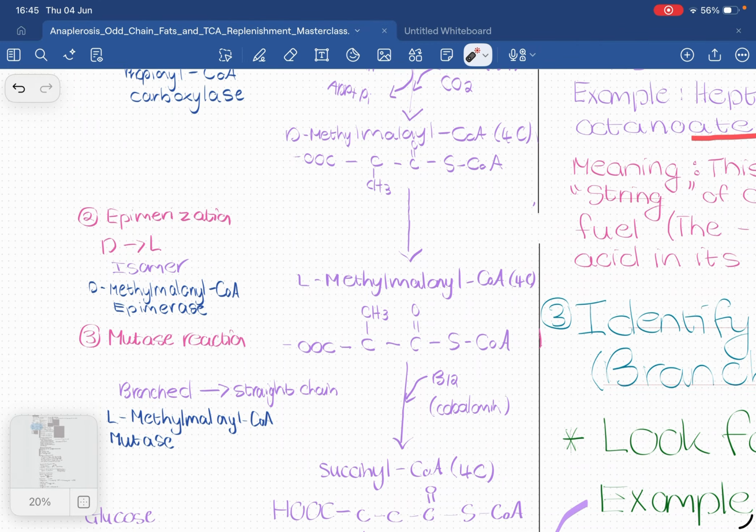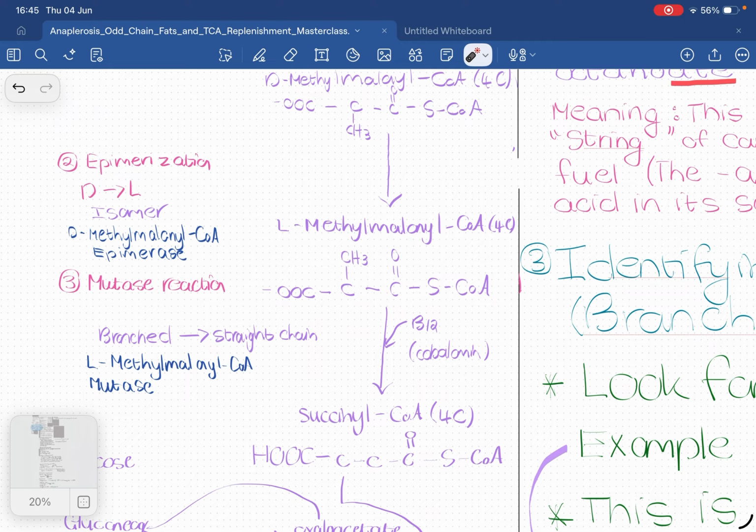Okay, and then we move from L-methylmalonyl-CoA to succinyl-CoA in the presence of the vitamin B12, and the enzyme is L-methylmalonyl-CoA mutase. So this is the mutase reaction.